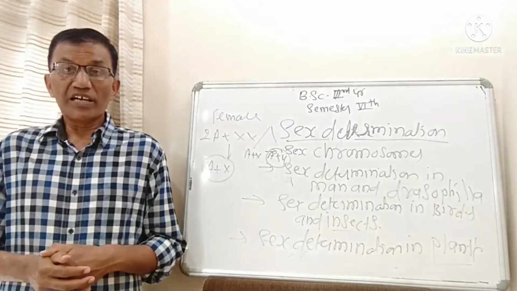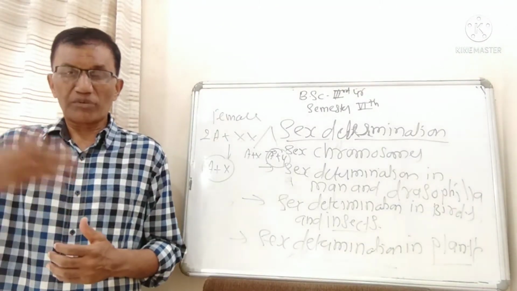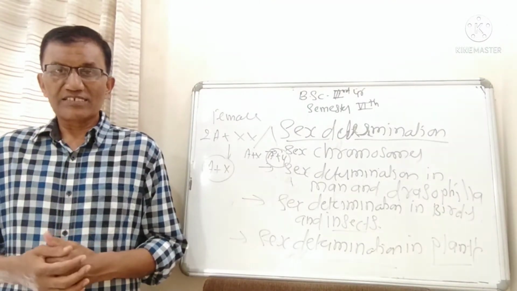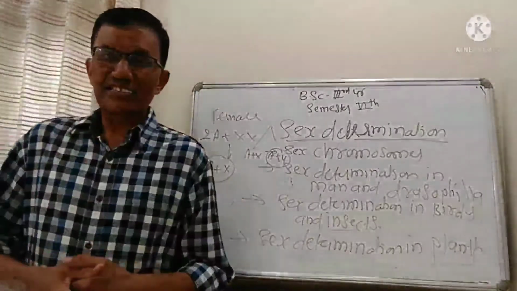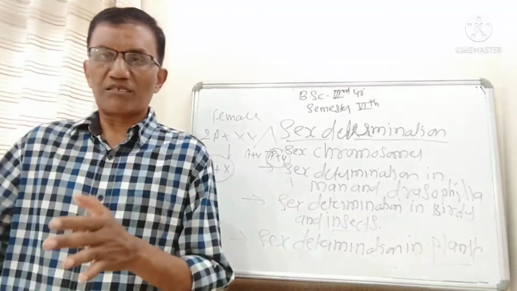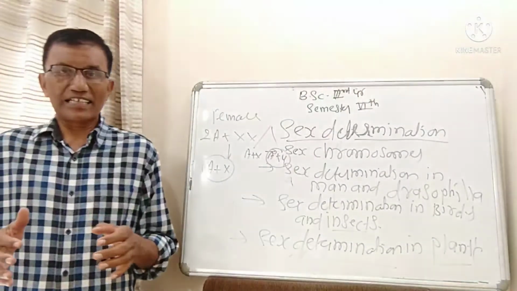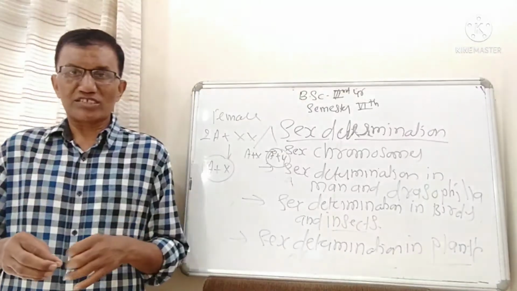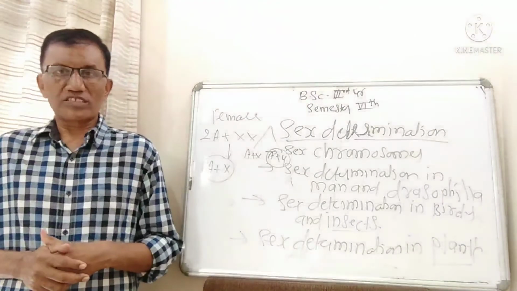For example, inheritance of eye color in Drosophila, inheritance of color blindness, hemophilia, night blindness. These are some of the important diseases or characters which are inherited along with the sex chromosomes.